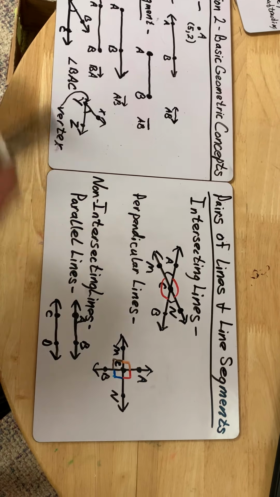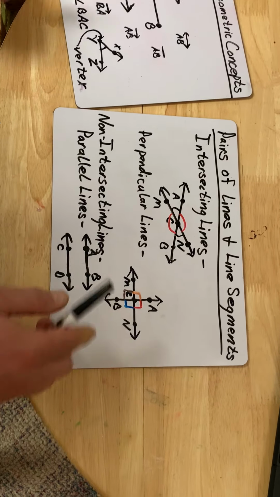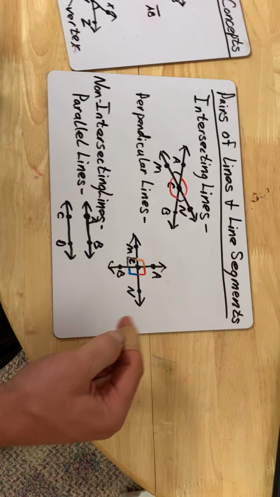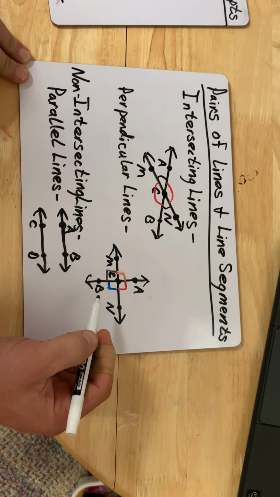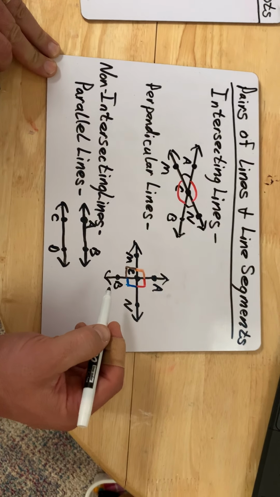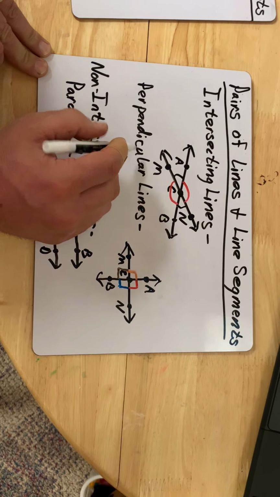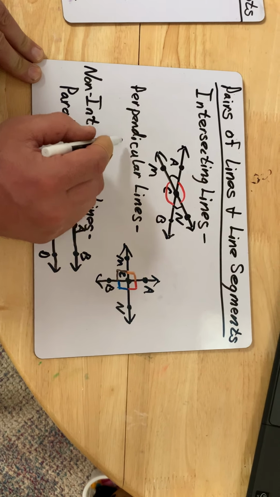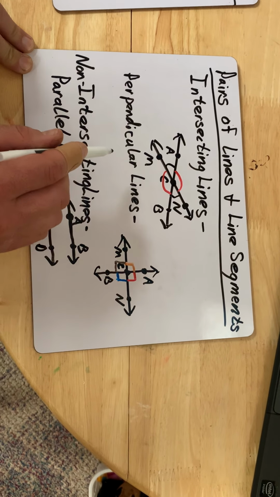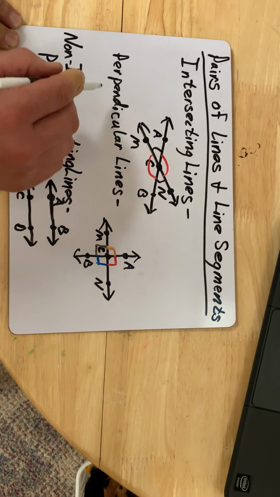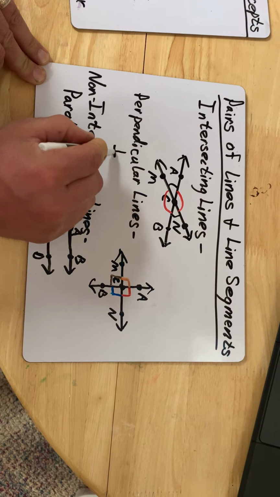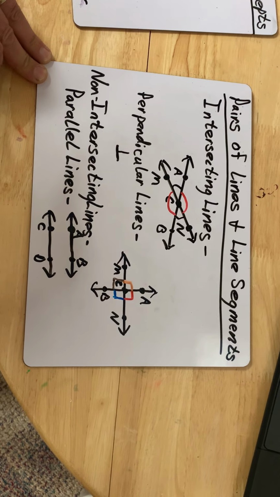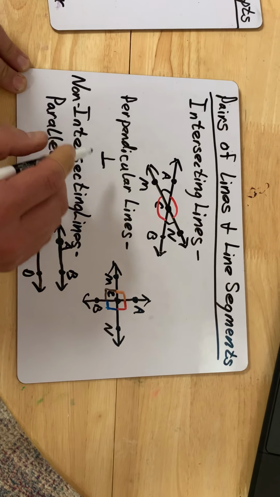Okay. So the other thing I needed to mention here before I get ahead of myself is how do we label these? So if we write them in a sentence, if you have a pair of perpendicular lines, how do I write that in a sentence? Well, how do I show the word perpendicular without writing out a big perpendicular? If you see this right here, this little symbol, okay, that is the perpendicular symbol.